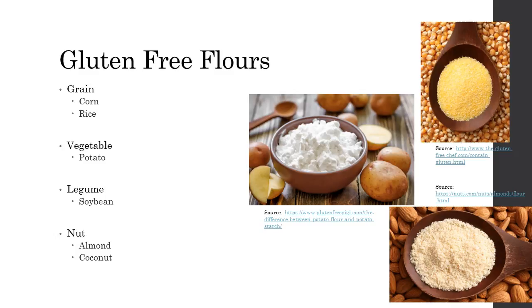An example of legume flours would be soybean flour. It is higher in protein and fat than most flours, although there are defatted versions that are available. Soybean flours also add moisture and texture to baked goods.